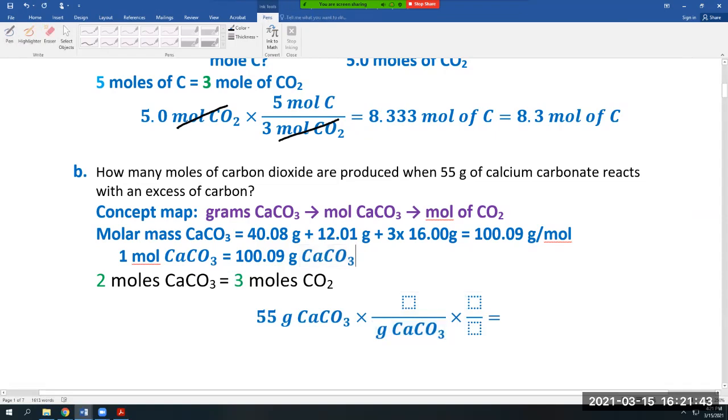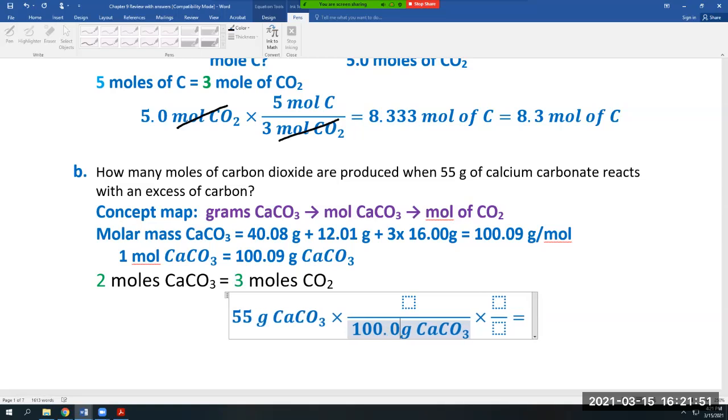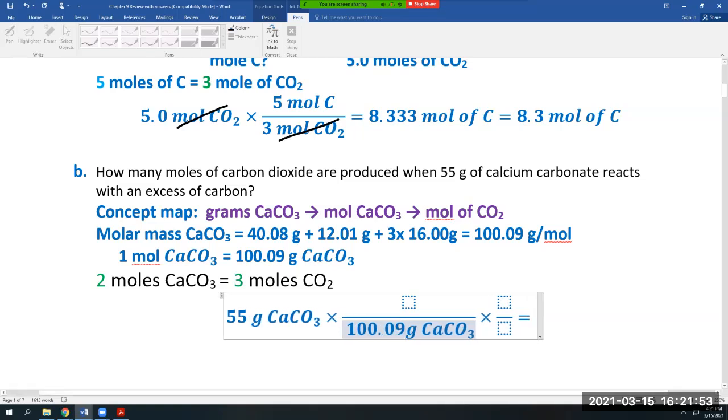And this will be coming from the molar mass. The first conversion factor is the molar mass, and it says it's 100.09 grams of CaCO3 for 1 mole of CaCO3. So that cancels grams of CaCO3, and we will obtain moles of CaCO3 doing that.